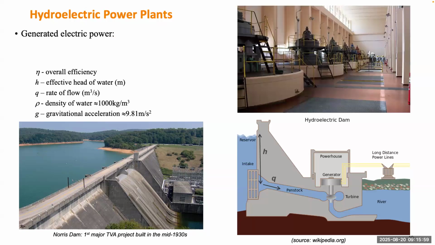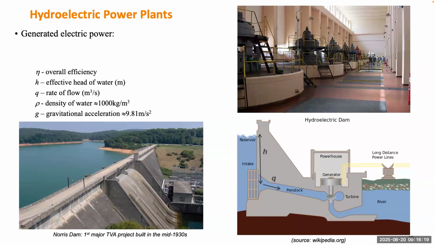The principle of a hydroelectric power plant is very simple. You just convert part of the potential energy carried by the water into kinetic energy, which will drive the turbine, and then it makes the generator generate electricity.